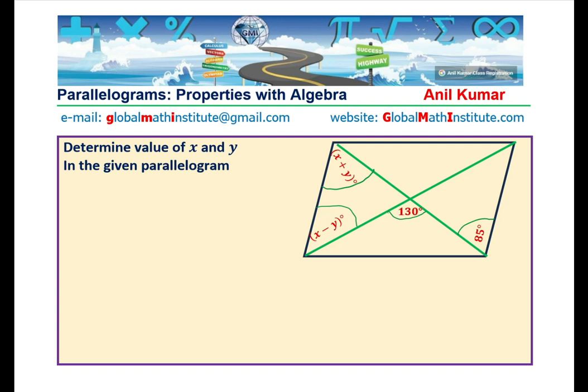Now if you use the exterior angle of 130 degrees, then you know the sum of two interior angles, that means x plus y degrees plus x minus y degrees should be equal to 130 degrees. Make sense?